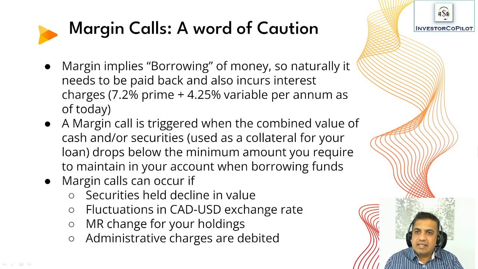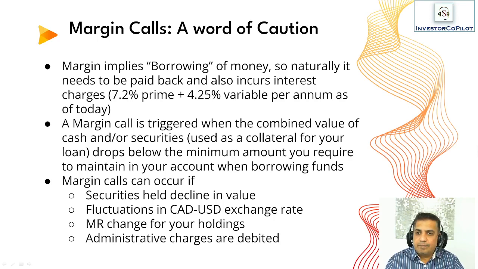Now, lastly, let's discuss margin calls. So margin implies borrowing of money, so naturally it needs to be paid back and also incurs interest charges. We discussed this before, that it is borrowed funds, so it will have an interest. Right now, for Questrade, case in point, interest is 7.2 prime plus 4.25 variable per annum, which stands at roughly 11.5% as of today of recording this video.